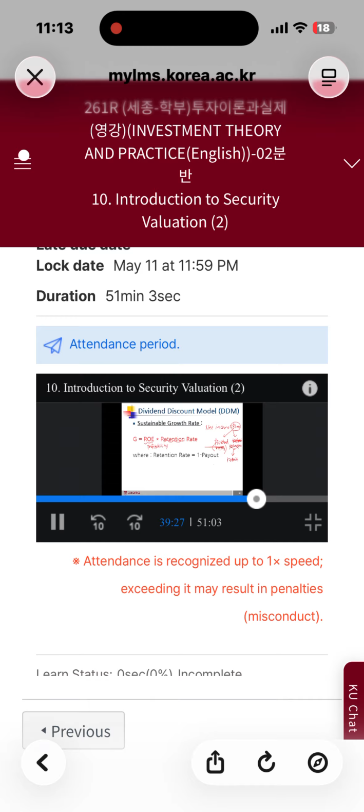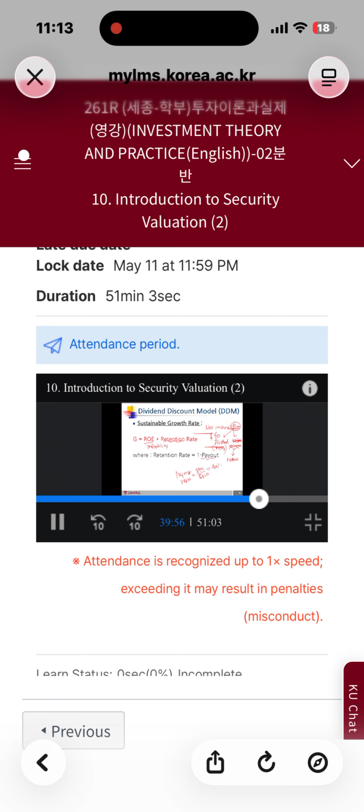So if a firm pays out $40 as a dividend from $100, your payout ratio will be 40%. Okay. So the payout ratio is, from $100 of net income, you pay out $40, which is 40%.